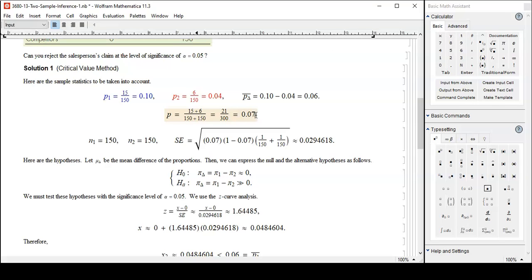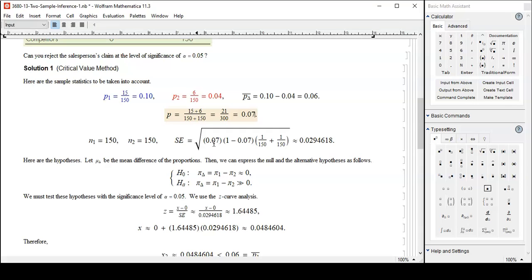Why are we doing this? Because we are under the assumption, the null hypothesis, of no difference between population 1 and population 2. So we just put all those together to find out the proportion. And that proportion is 0.07.